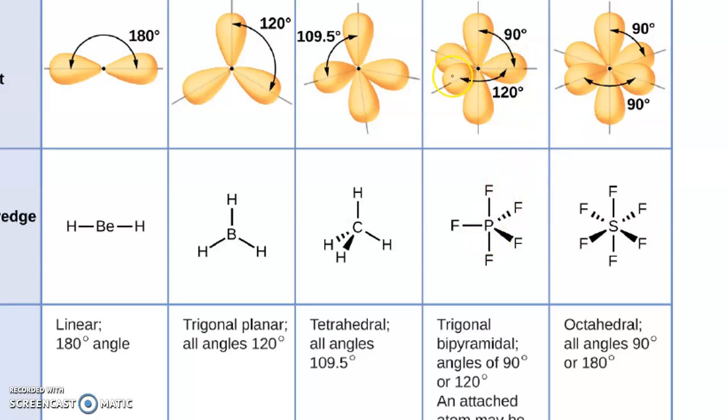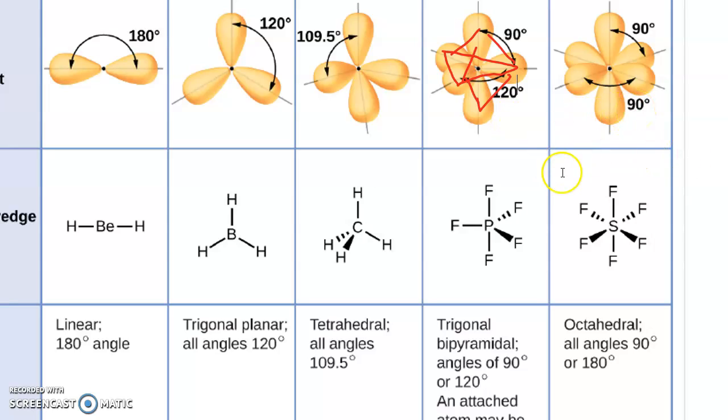This one, because if you look at it forming something like this, that's why it is called trigonal bipyramidal. You see those triangular pyramids, and that's why it's called trigonal bipyramidal. And this one is called octahedral. The angle between the closest electron groups is 90 degrees.